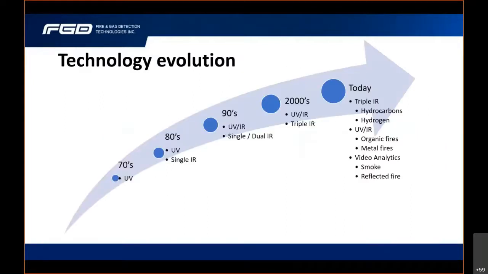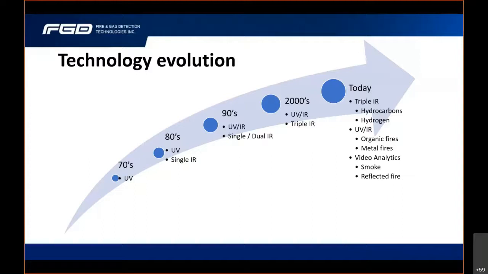If we were to have a quick walk through the technology evolution as time has progressed in the last, say, 40 or 50 years, we very much started out looking at the UV-based flame detection technology, but pretty much by the end of the 1990s, all of that has gone away, and people have moved on to UVIR or single frequency IR, and then some people have started to add additional sensors. If we bring things right forward to today, pretty much the world has fallen into two camps nowadays.